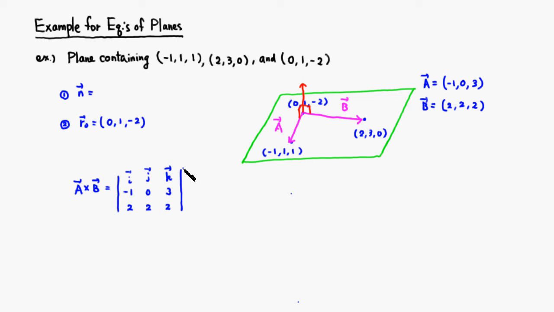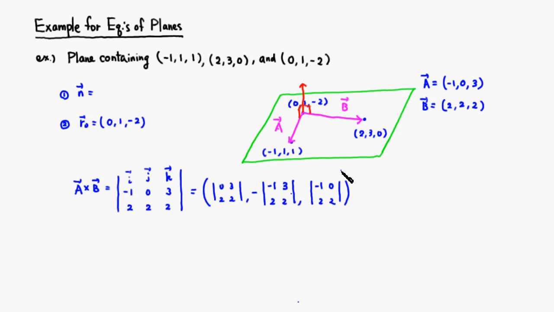Then take the cross product. The first component is going to be positive, with the determinant of 0, 3, 2, 2. The second component is negative, with the determinant of -1, 3, 2, 2. And the third component is positive, with the determinant of -1, 0, 2, 2.